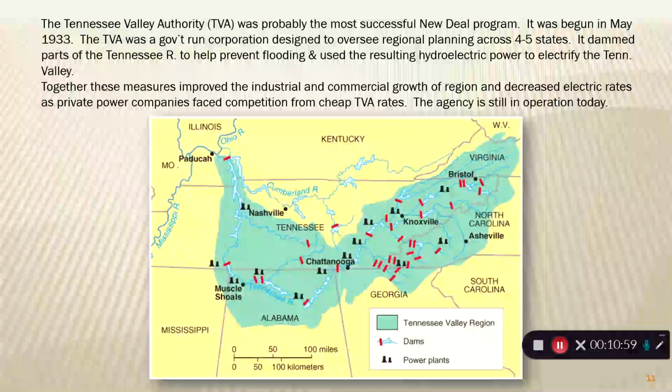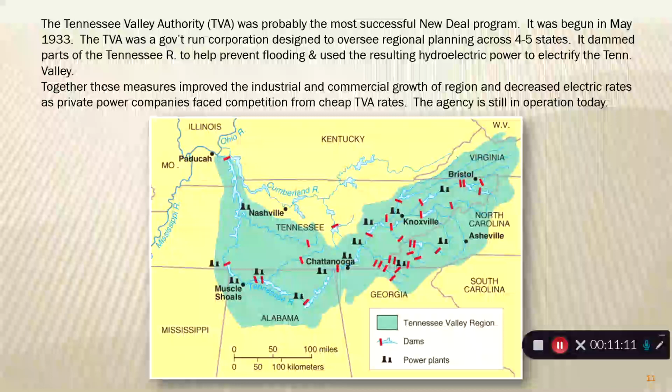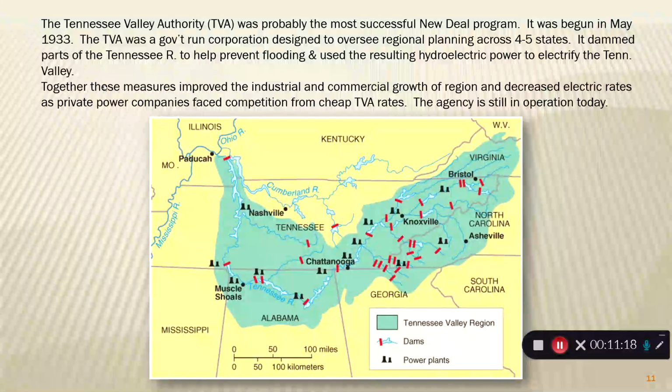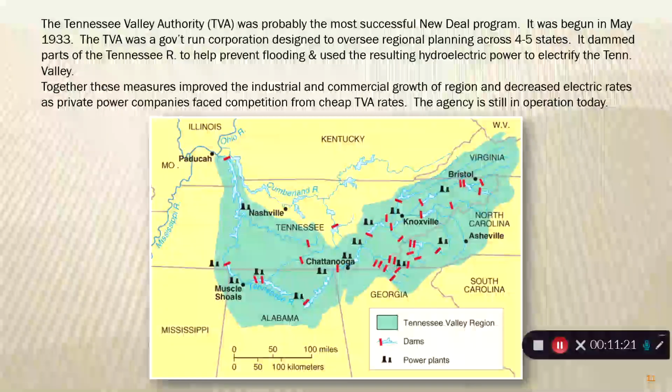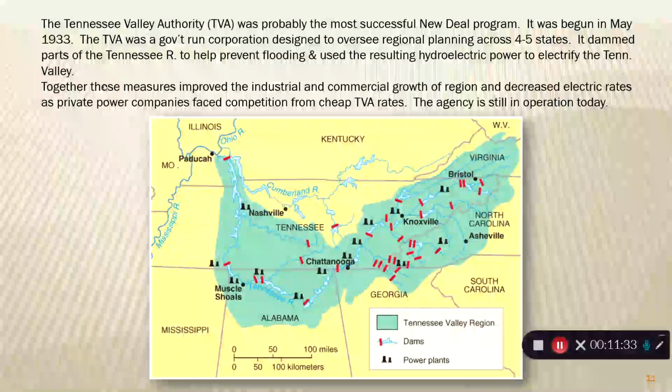And what's happening here is the Tennessee River has this nasty habit of flooding and ultimately ruining farmers' crops, rendering businesses unusable, destroying people's homes, and doing this on a fairly regular basis. So the idea is to build dams all along the Tennessee River, and you can see those dams marked in the little red hashes on the map, and use these dams to help regulate the flow of the river and to limit flooding problems.